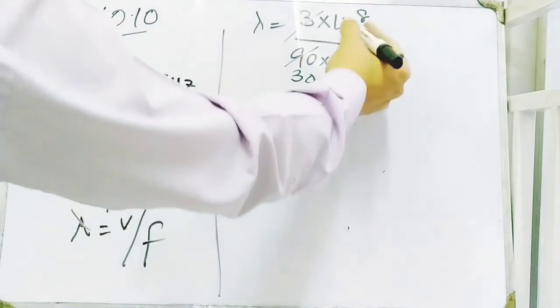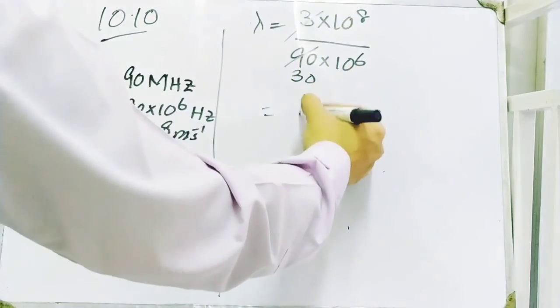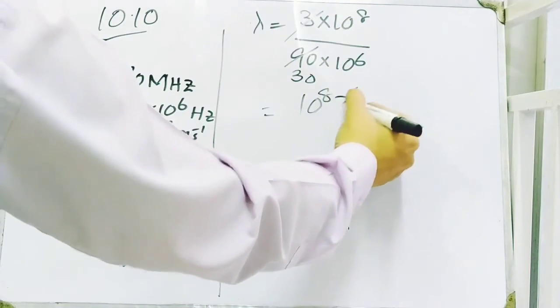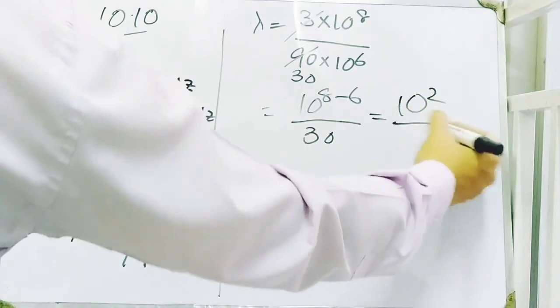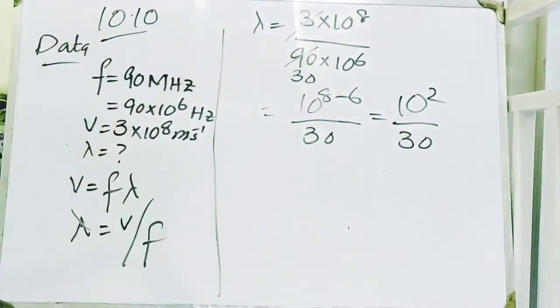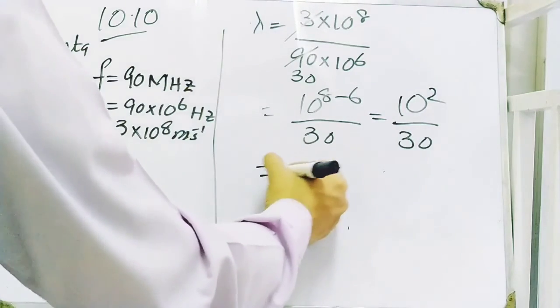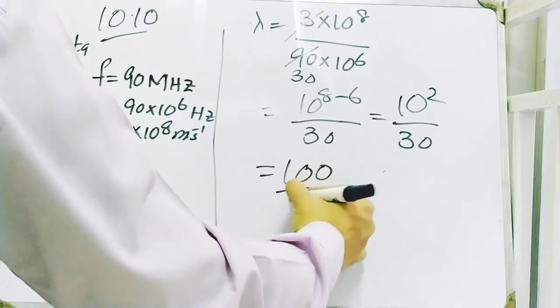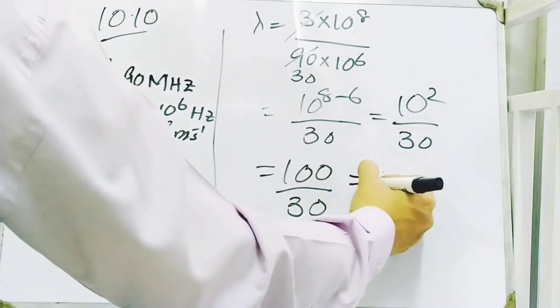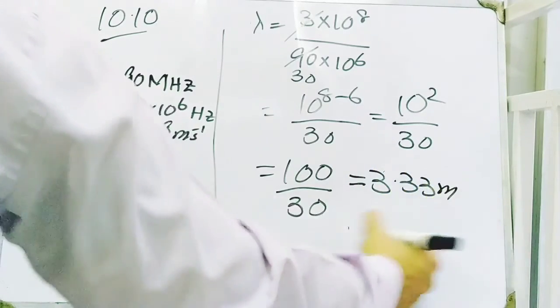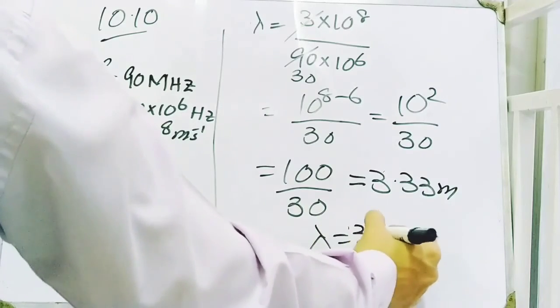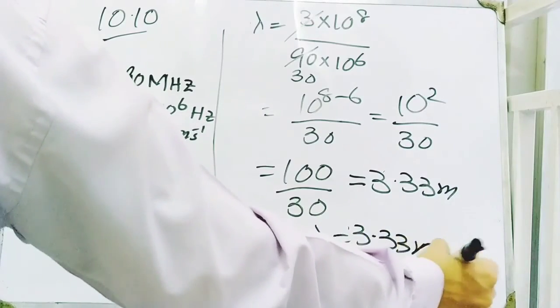As we have the same base, so 10 raised to power 8 minus 6 divided by 30 is equal to 10 raised to power 2 divided by 30. So it will be equal to 100 divided by 30, which is equal to 3.33 meter. So lambda will be equal to 3.33 meter.